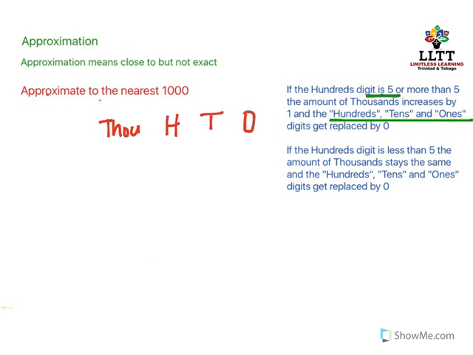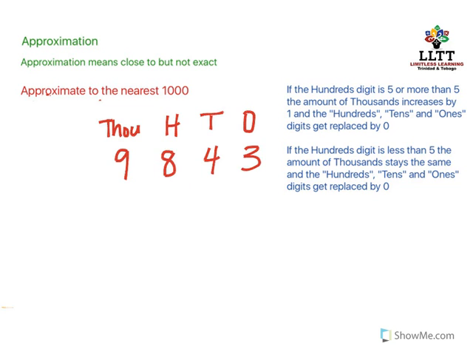Okay, so let's suppose that we have the number 9,843, and we want to approximate to the nearest thousand. Now we know that we need to look at our hundreds digit.